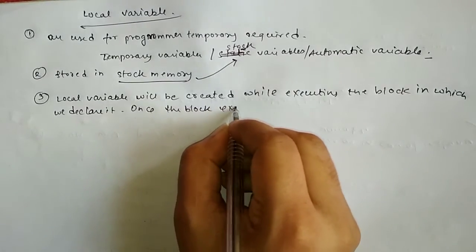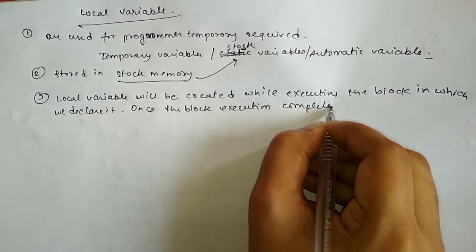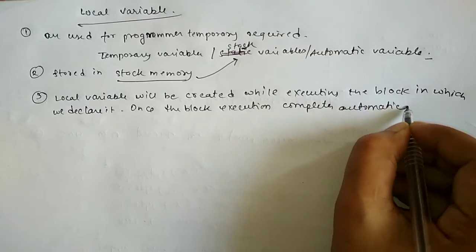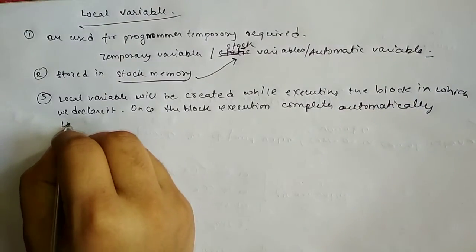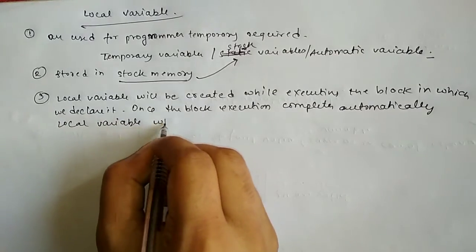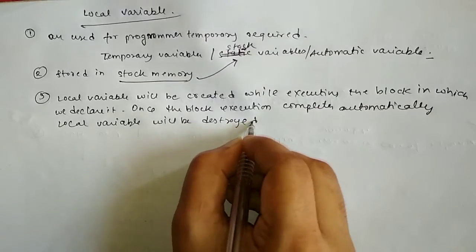Once the block execution completes, automatically the local variable will be destroyed.